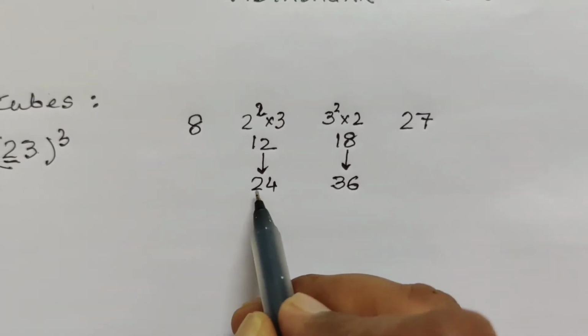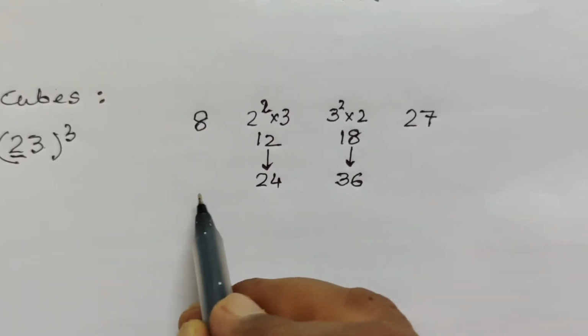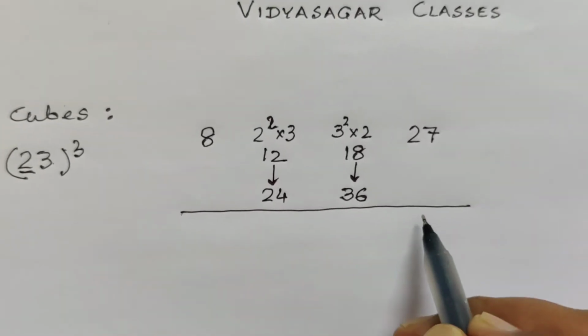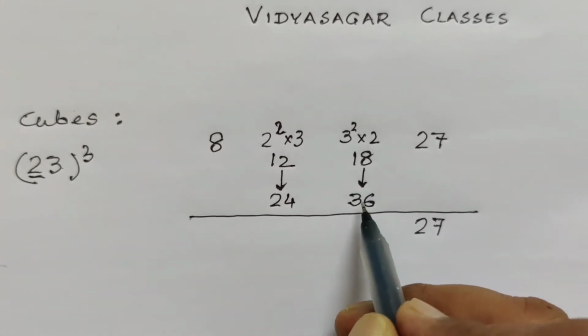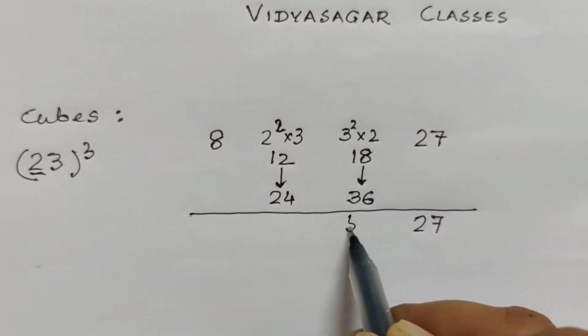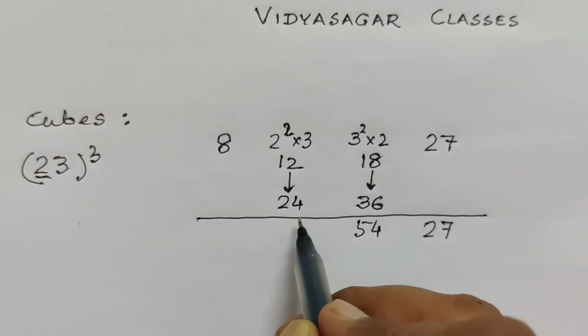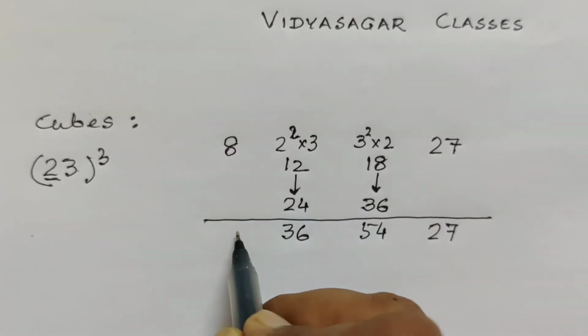Now just add them. Here you have to write 27. Now this 18 plus 36 is equal to 54. 12 plus 24 is equal to 36. And here you have to write 8.